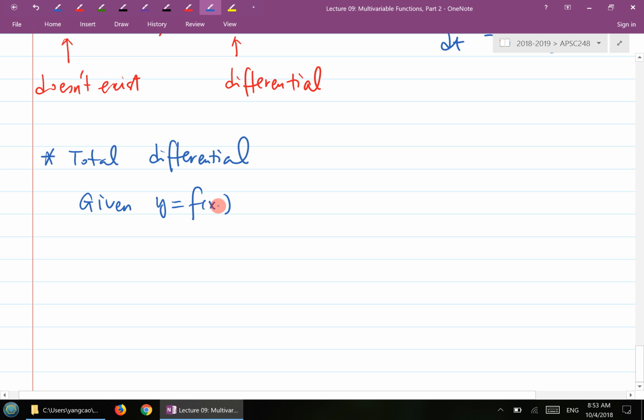Consider a function of a single variable. Now, for a function of a single variable, if I plot it out, this is a very simple curve in 2D, of course.